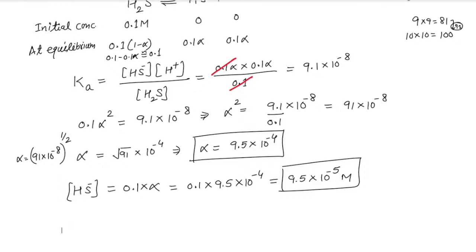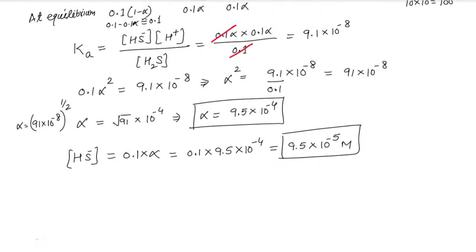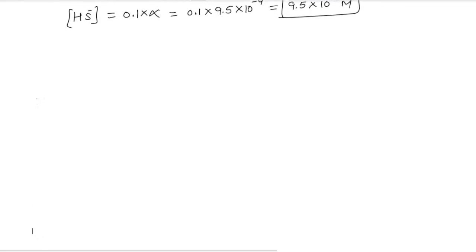Now case 2. Case 2 was the calculation of HS negative ion in 0.1 molar HCl solution.